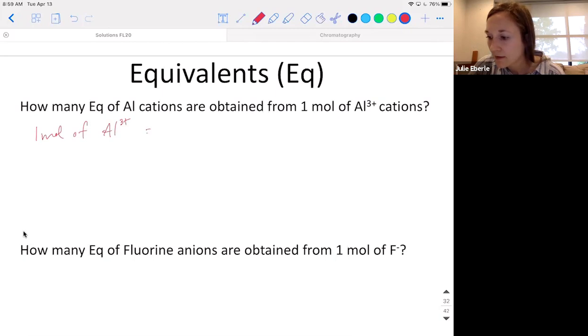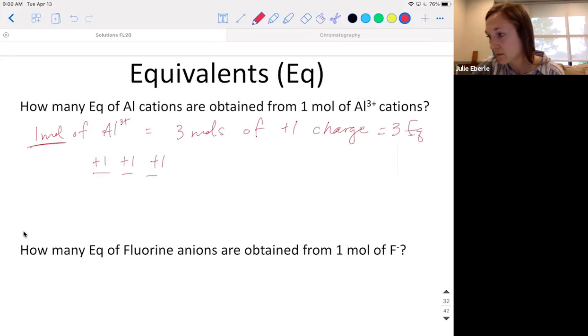Well, if I break it down into +1 charges, I've got +1, +1, and +1, right? And I just have 1 mole of these cations. So that means I've got 1, 2, 3 moles of +1 charge. So that would be 3 equivalents. And if I ask you how many milliequivalents, we know milli is 1/1000, or there are 1,000 milli in 1 equivalent. So that would be 3,000 milliequivalents.